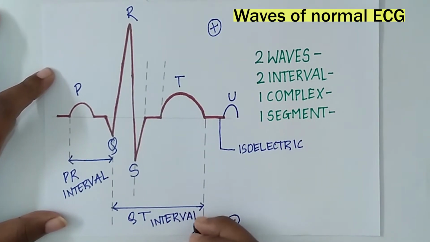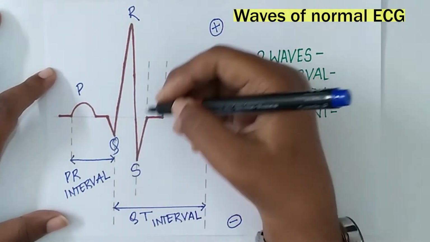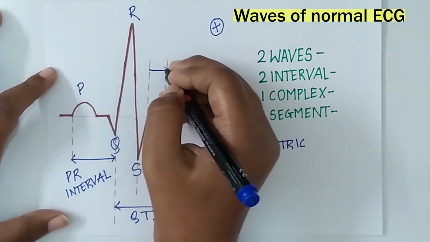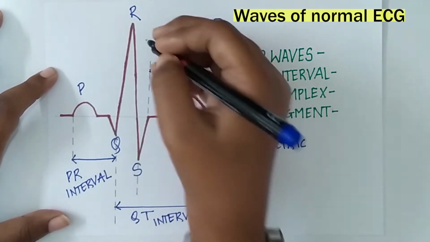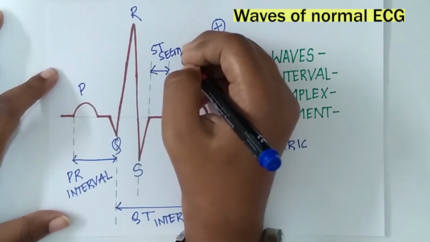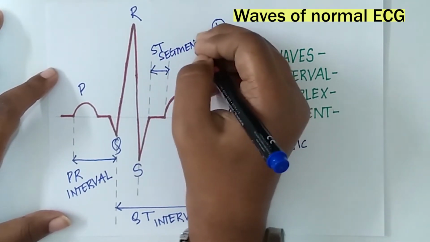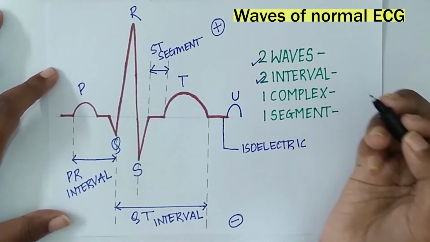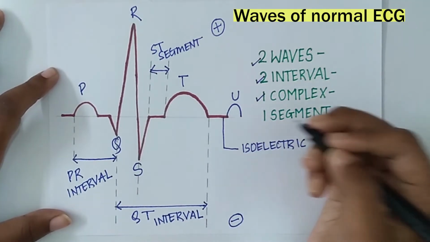Then there is one segment, which is from the end of S wave to the onset of T wave, that is ST segment. So to make it simple, a normal ECG has two waves, two intervals, one complex and one segment.